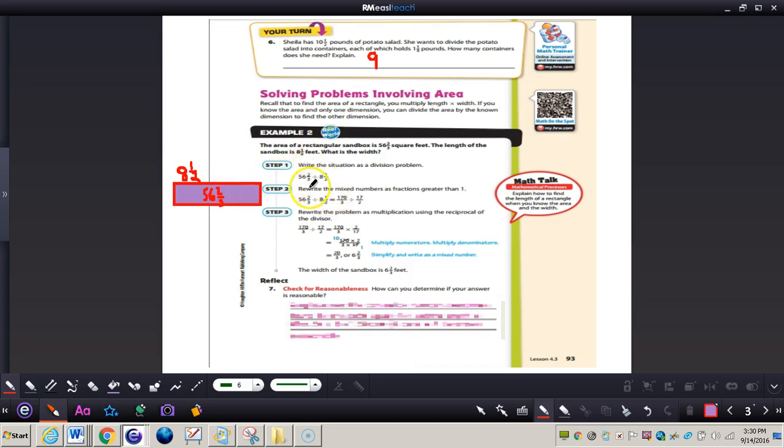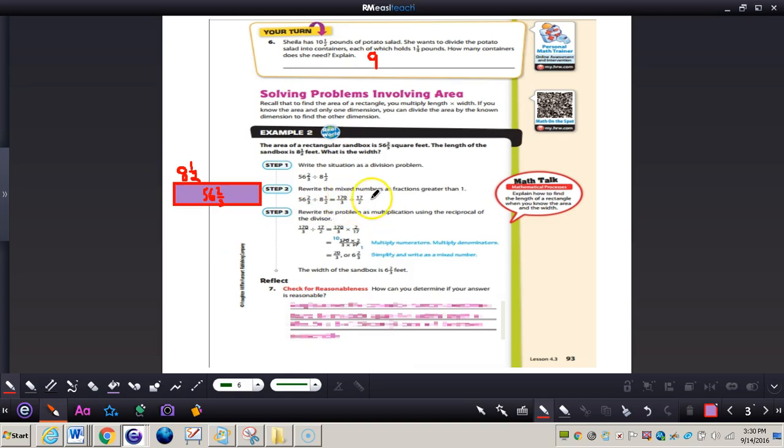So what we can do, 56 2/3 divided by 8.5, and we understand as far as making each of these an improper fraction. Once each of these is made into an improper fraction, we have 170 over 3 divided by 17 over 2.